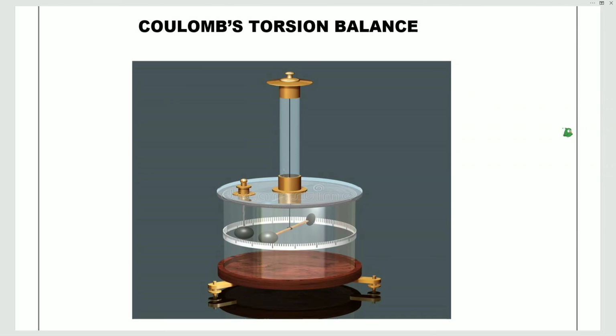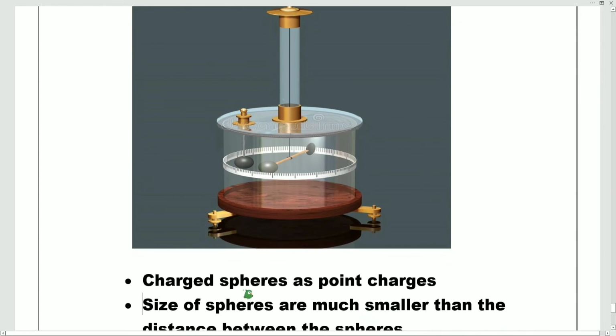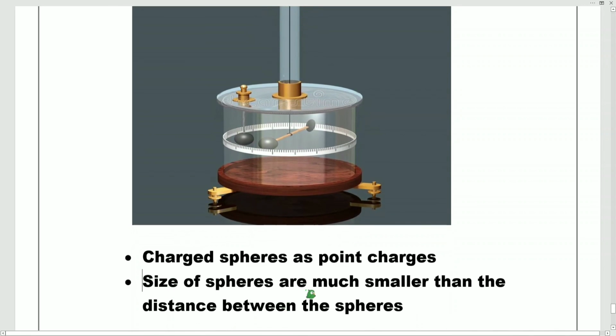Students, in the last part of this video, we are going to learn about the Coulomb torsion balance. The Coulomb torsion balance is the experiment developed by Coulomb. In this experiment, he considered charged spheres as point charges. The arrangement is such that the distance between the two charged spheres is much greater than the radii of the spheres.